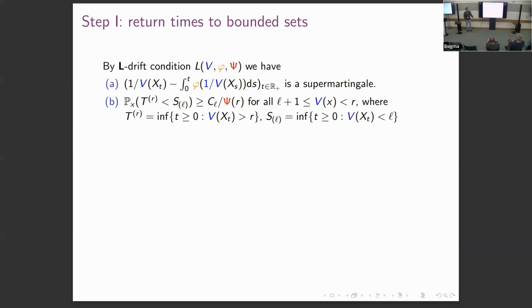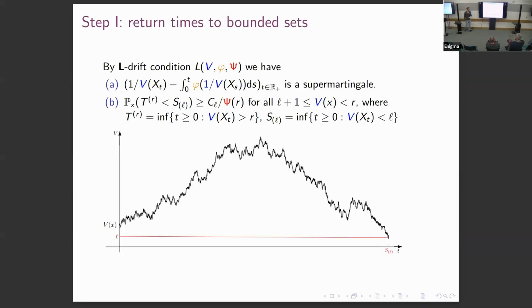And I'll try to briefly explain how this works. In general, we want to understand how excursions from compact sets are bounded from below, but it's enough to understand additive functions of return times.